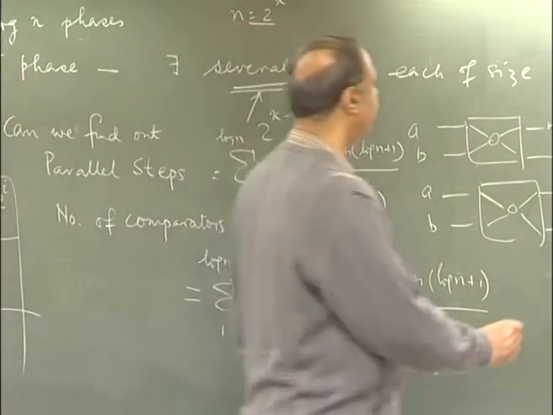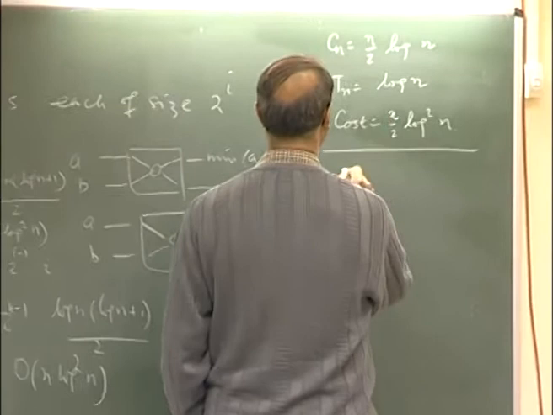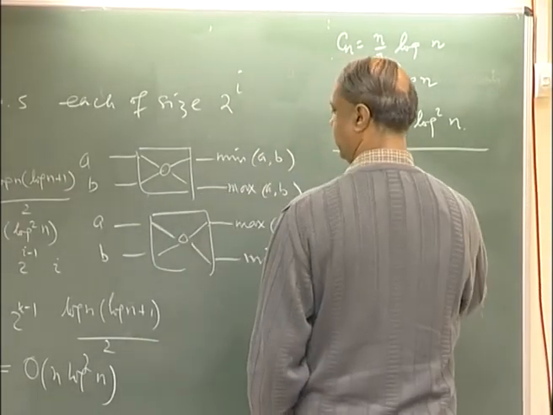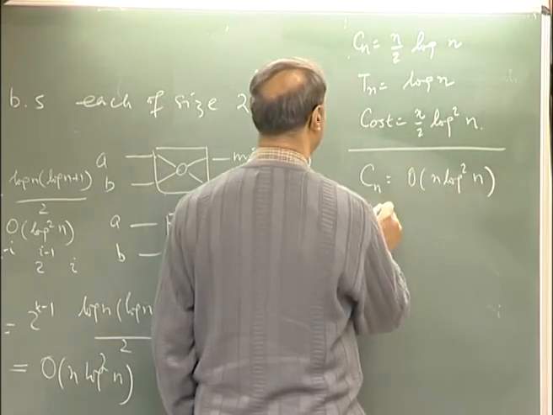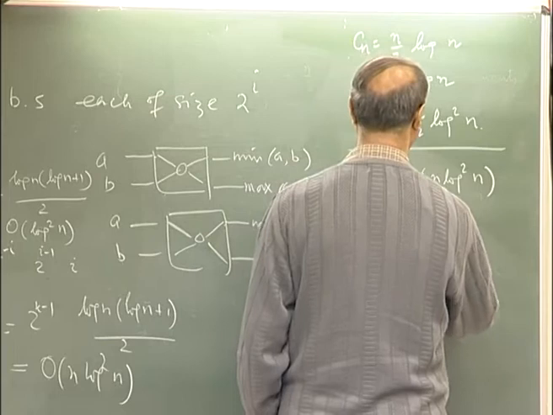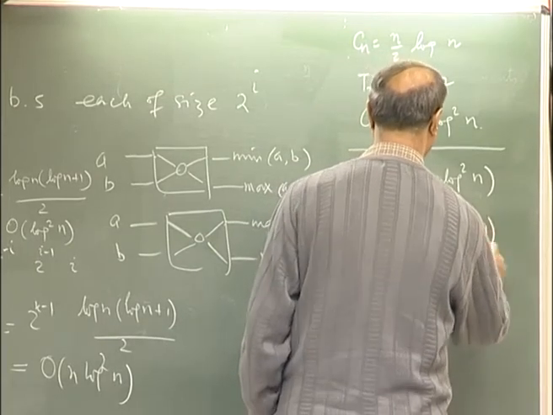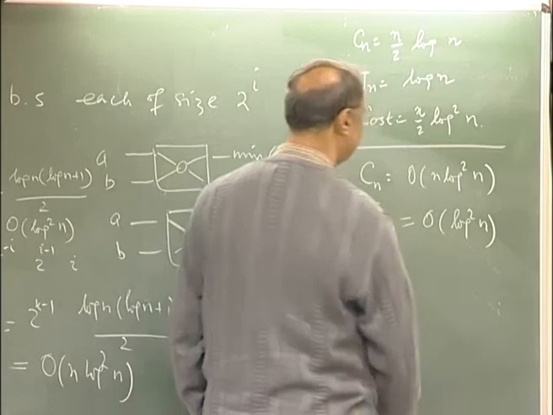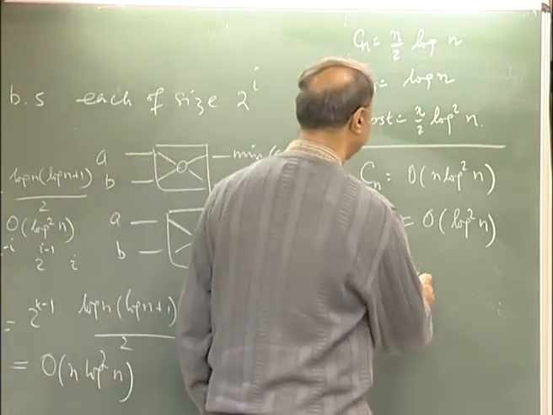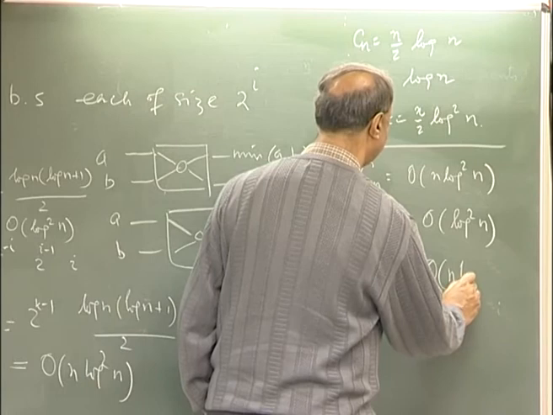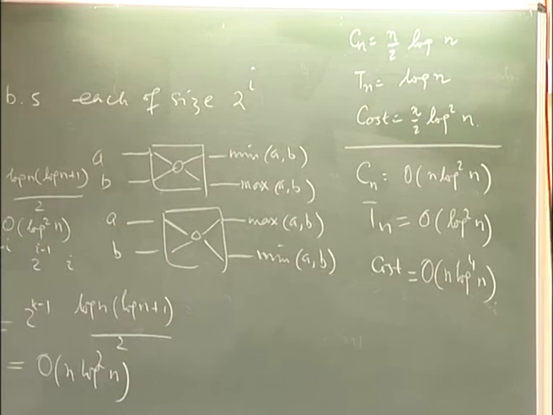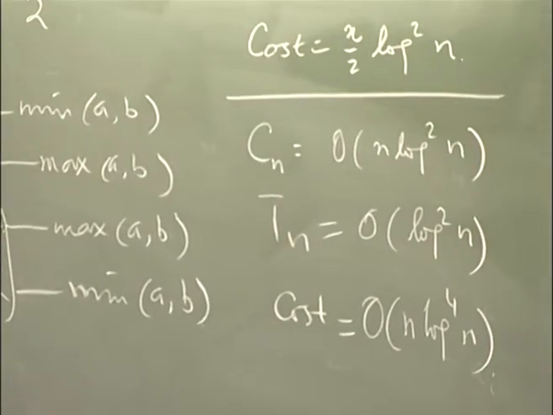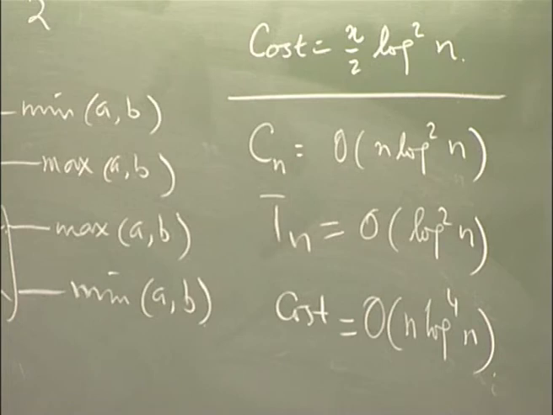So the number of comparators you need is order n log square n. Number of parallel steps is order log square n. So for sorting n elements, the cost is order n log to the power 4 n. So it is also far away from the cost optimality point of view.